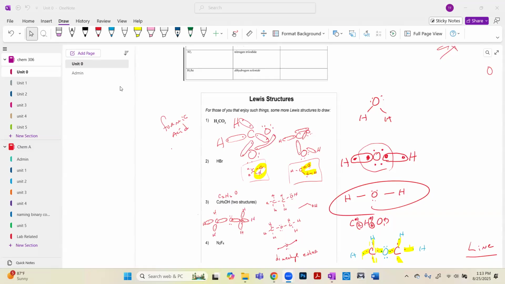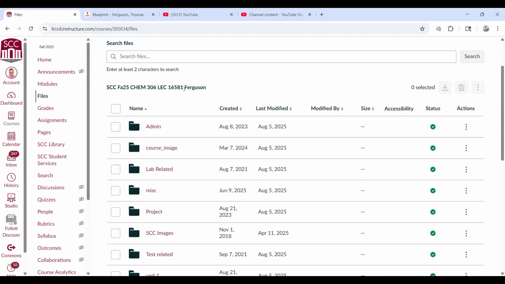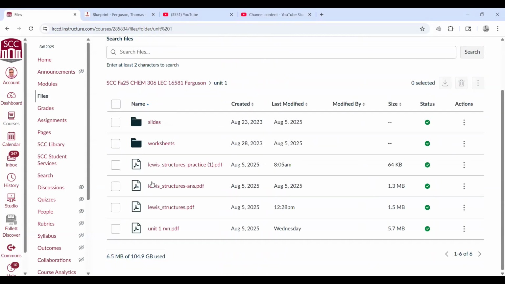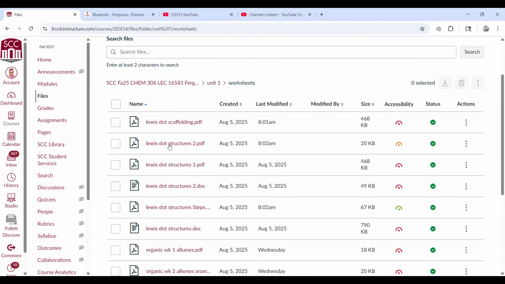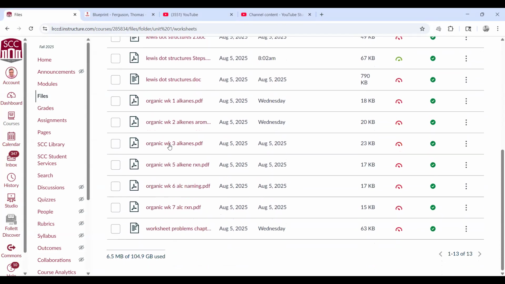Why is it doing this? Okay, so this is our Canvas class. If you go to Files, Unit 1, there's more practice here and more practice here. These are all worksheets with answers.